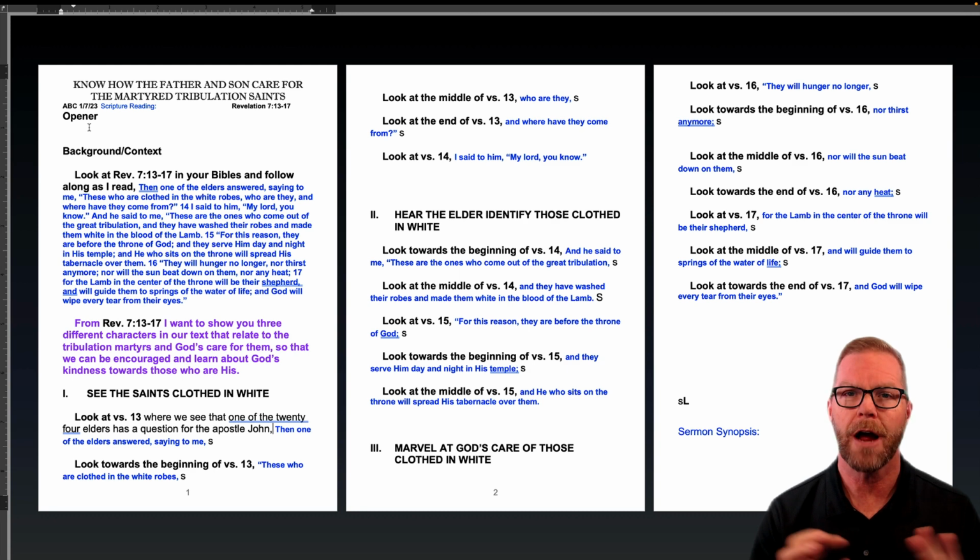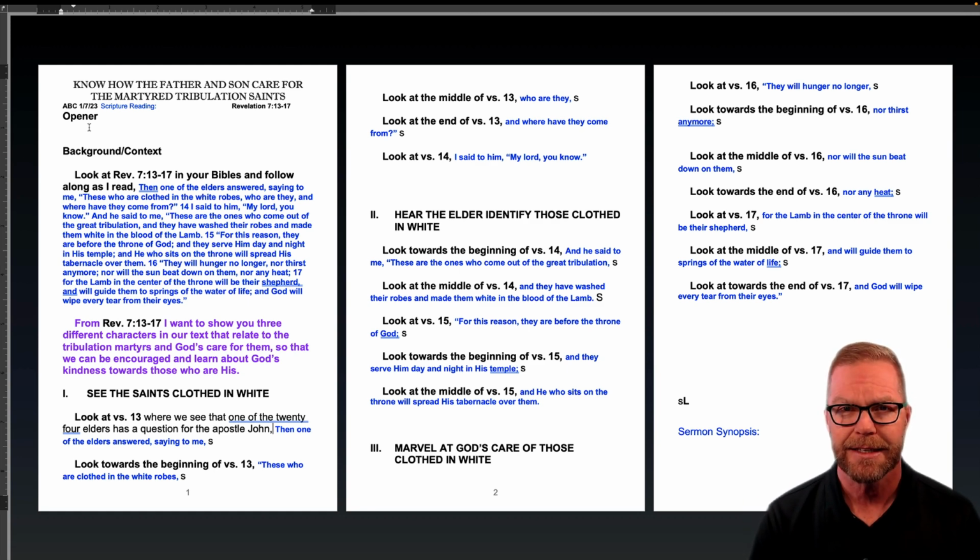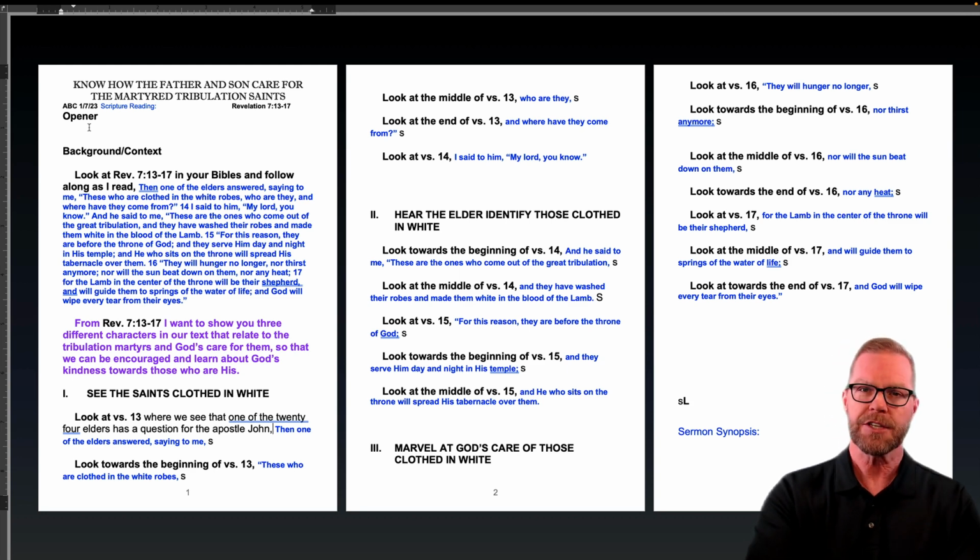The elders are on thrones around the crystal sea. Underneath the crystal sea are the 4 living creatures. Surrounded and before the throne are the saints, clothed in white. And then beyond them we have the myriads of myriads and 10,000 times 10,000 of angels worshiping on the throne. And this is where we left off last week. Okay, so something like that.